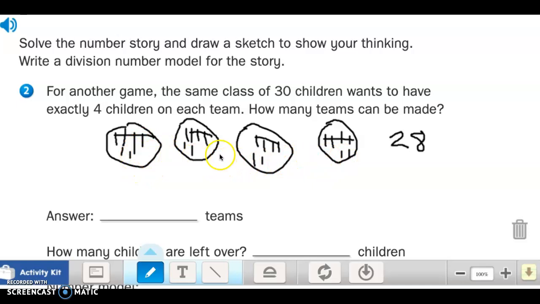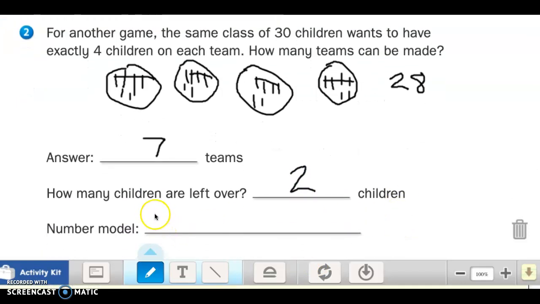So right now I can give everybody the same amount, and that would be 5, 6, 7. 7 teams. And that would bring us to 28, but we have 30 children. So how many children are left over? We have 2 kids that can't go into teams equally. So this is how we do it.